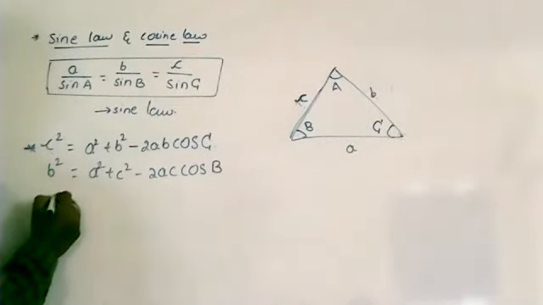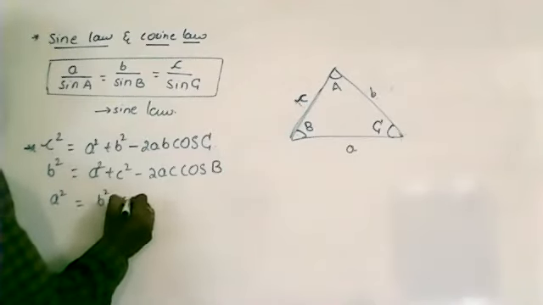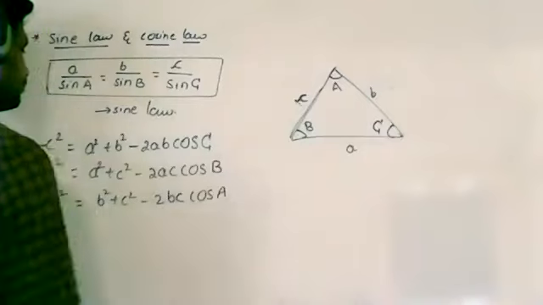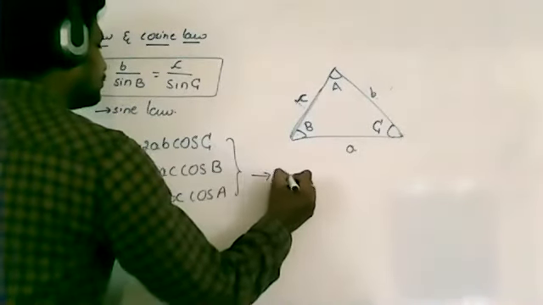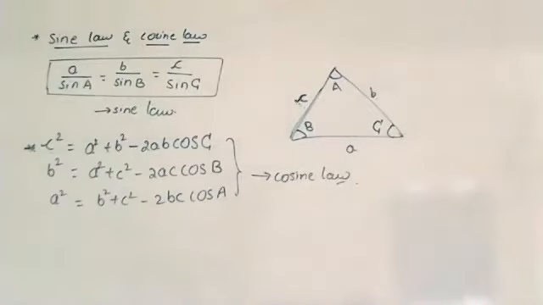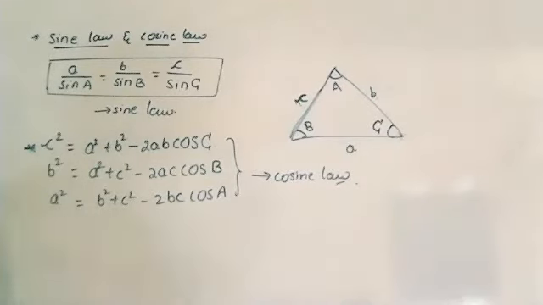Now similarly, a square is equal to b square plus c square minus 2bc cos A. These three are the cosine law. So whatever side we have taken here, you have to substitute that angle.